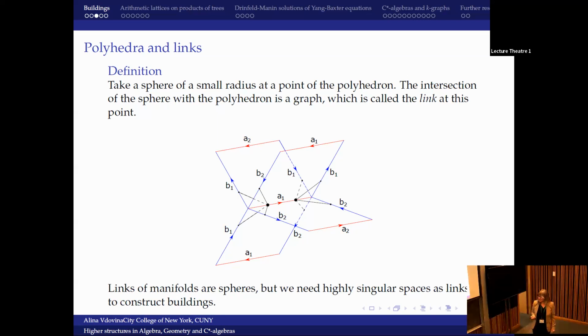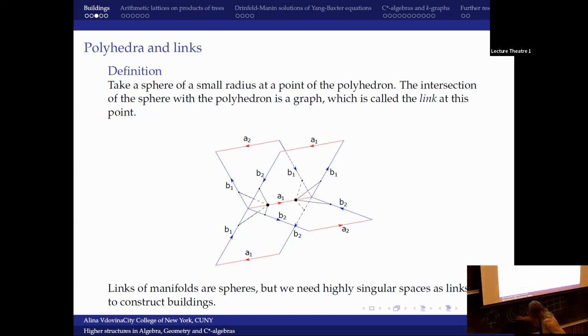Imagine, let's take another color, a green sphere, and it will intersect the torus in this graph, which is just 4 vertices and 4 edges. It's a cyclic graph.